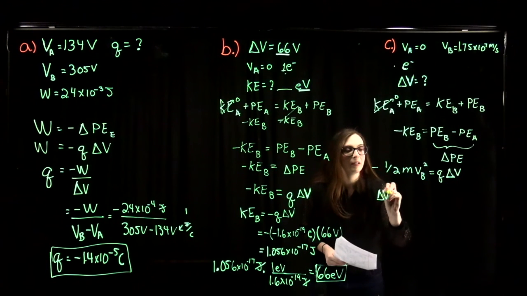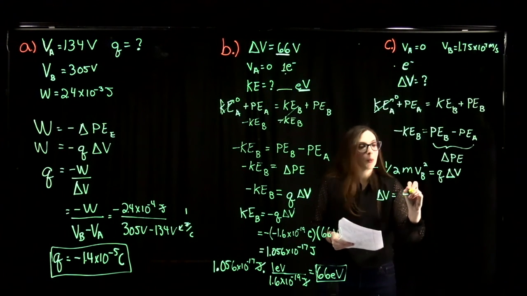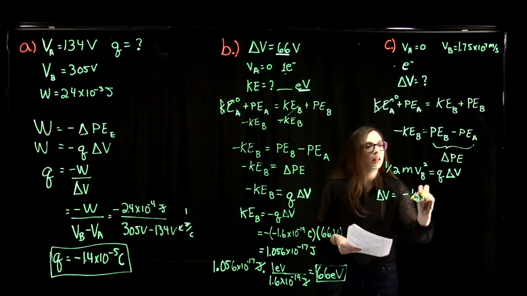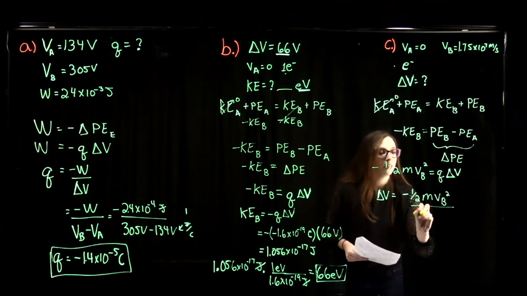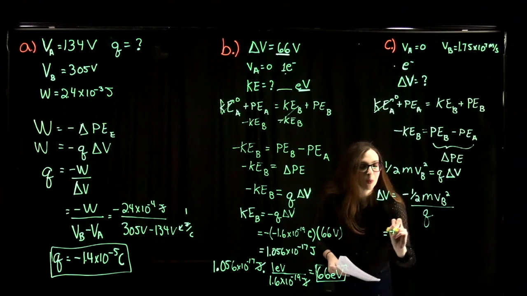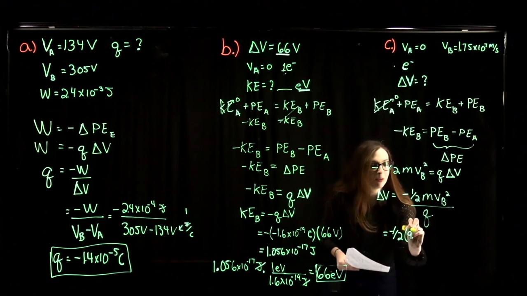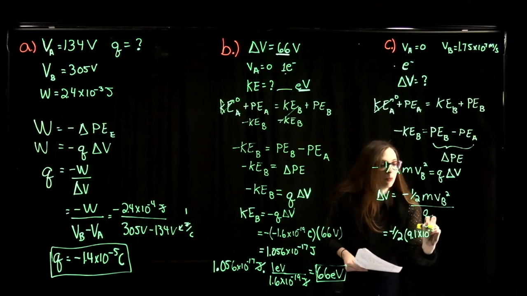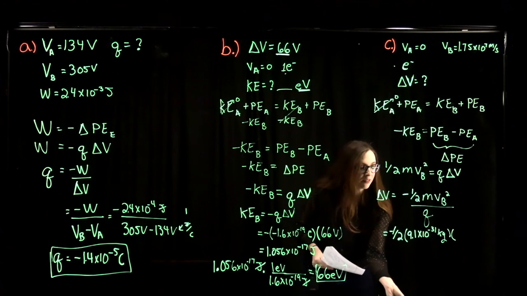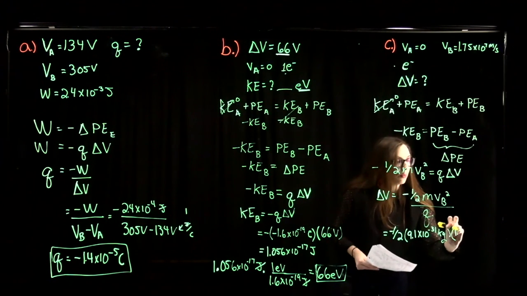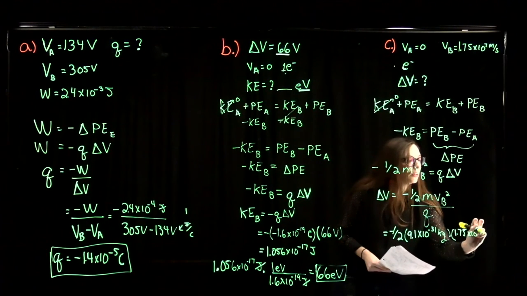So delta V is equal to minus 1/2 m v_b squared all over Q. Now the mass of an electron is 9.1 times 10 to the minus 31 kilograms. Our final speed of this electron was 1.75 times 10 to the 7 meters per second.